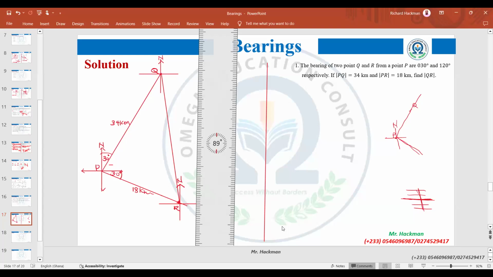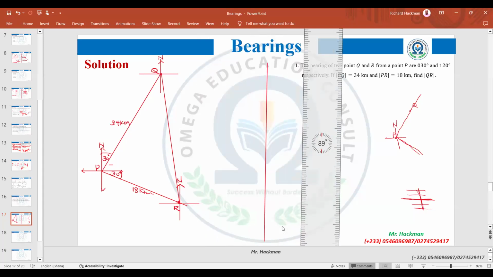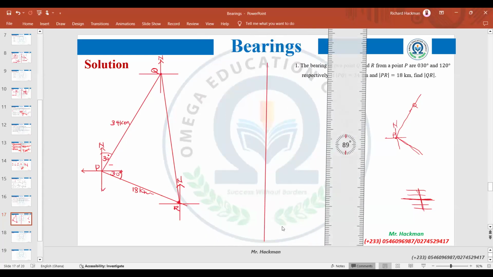At this point, please, who is not with me? Your diagram is key. If your diagram is wrong, everything will be wrong. So make sure you get your diagram reflecting the true picture. Now at this point, we are in a comfortable lead. So this is all that you need to do.